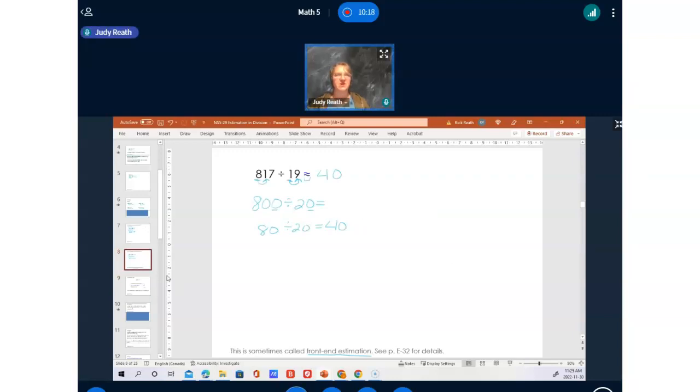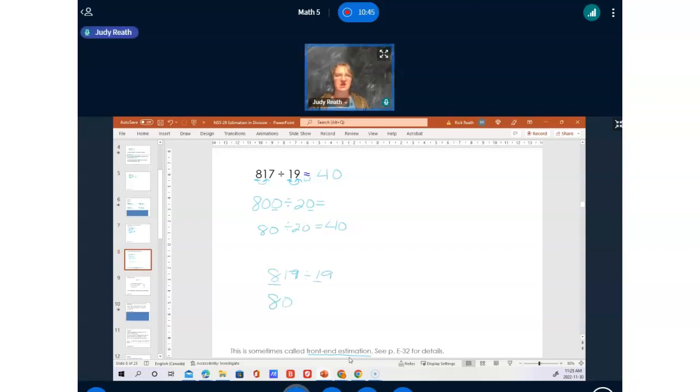Now, because we rounded this up, we're going to get a different number than what they're showing us on the next slide. A different way to do front-end estimation, and it's the way that I don't like as much, is to start out with 817 divided by 19, and just ignore these numbers that come after the leading digit.